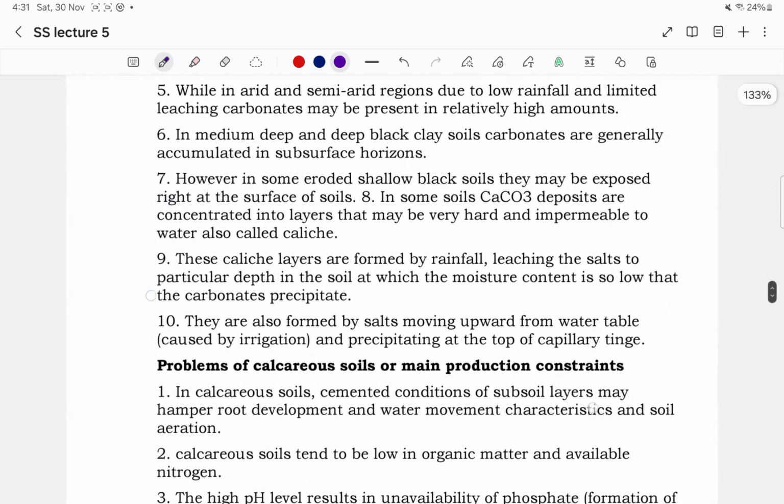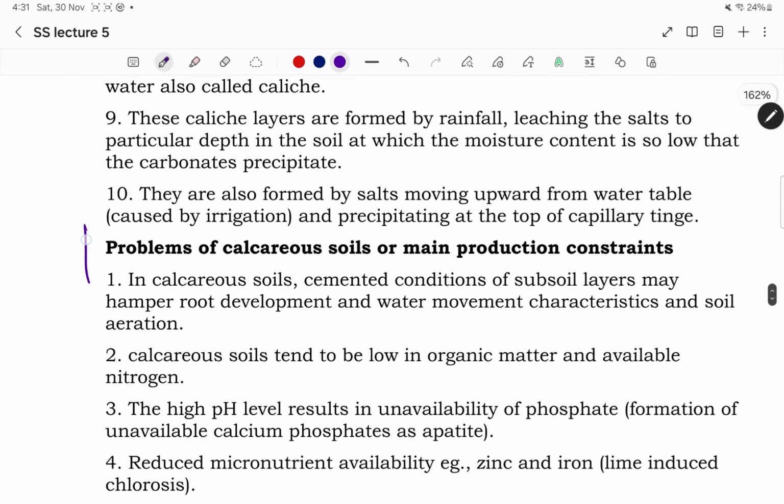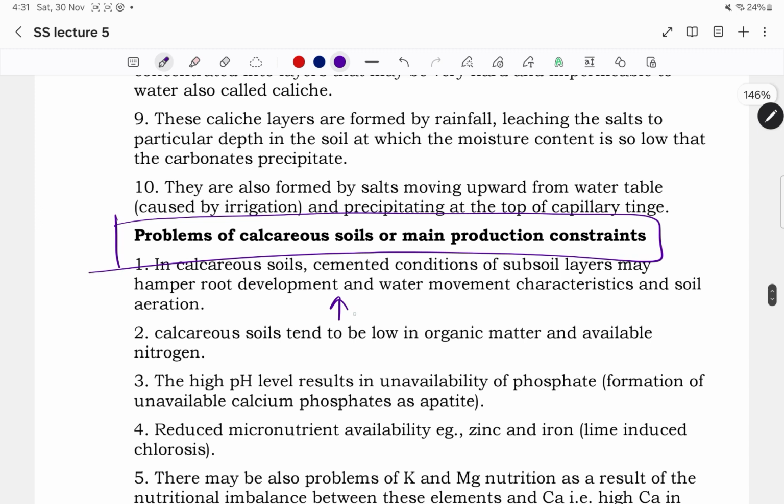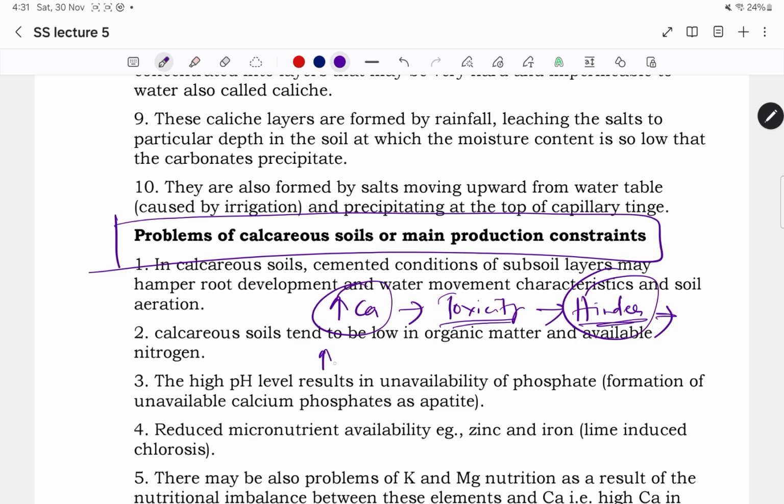The next one is, what are the problems associated with the calcareous soil? See, because of the high concentration of calcium, there is toxicity. This hinders the absorption of other nutrients by the plant, and there is also a high pH, that is 7.5 to 8.5.